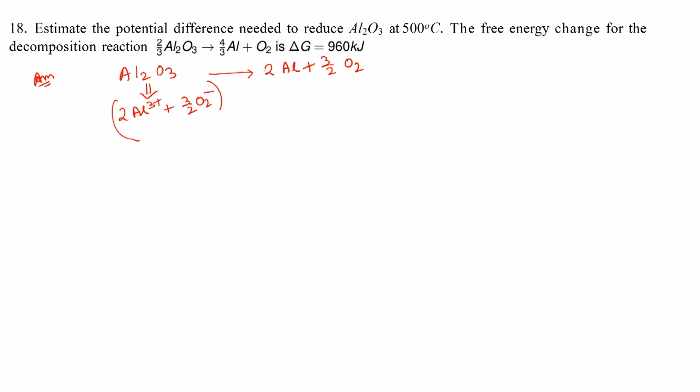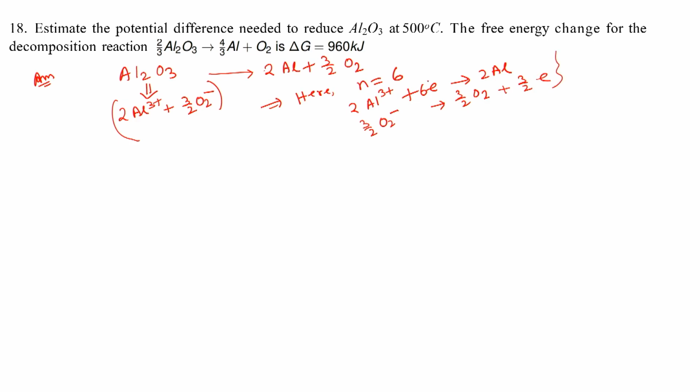Okay, so here we calculate n is 6, because 2Al3+ plus 6e gives 2Al, and for 3 by 2 O2 minus goes to 3 by 2 O2, you get 3 by 2 into 2e.